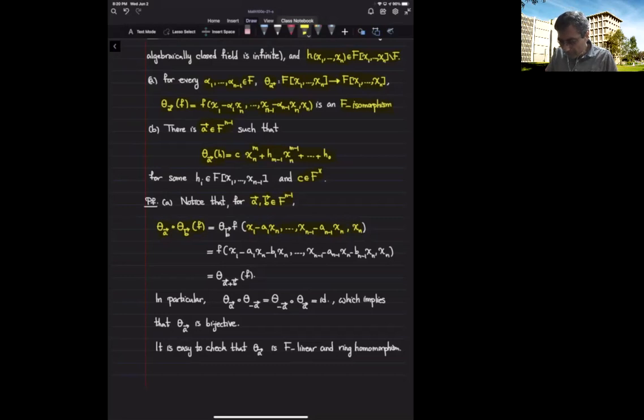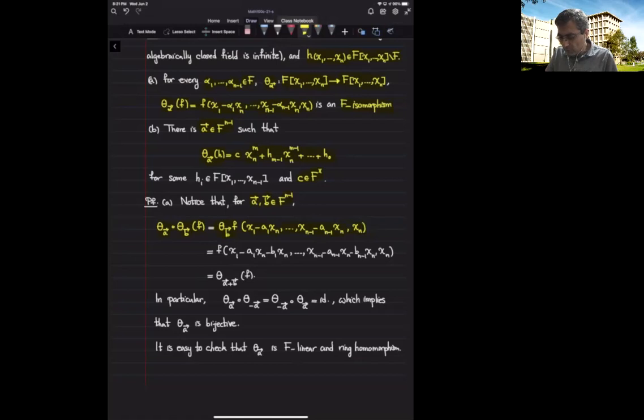Now, when I apply this theta of b to f, and I want to evaluate it here, what does that mean? This means whatever components you give me, I have to subtract bi multiples of the last one from the ith component and then plug it in to f.